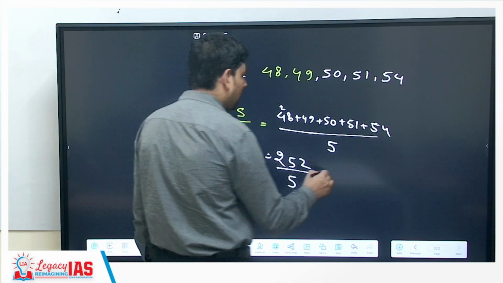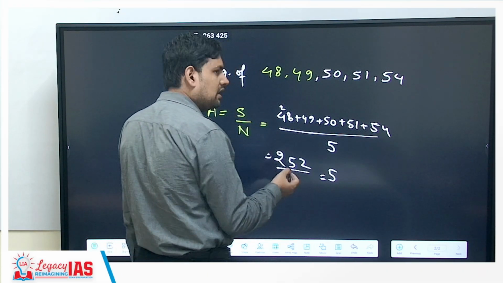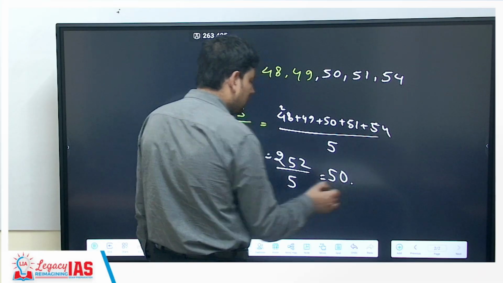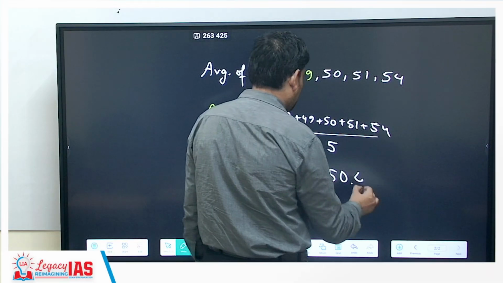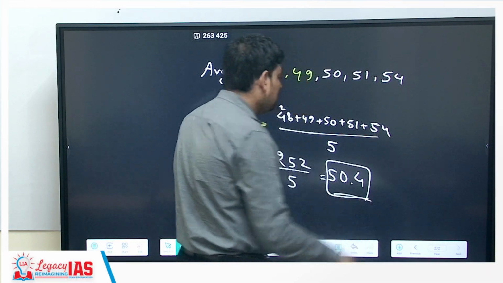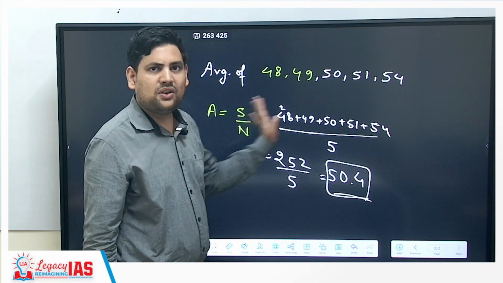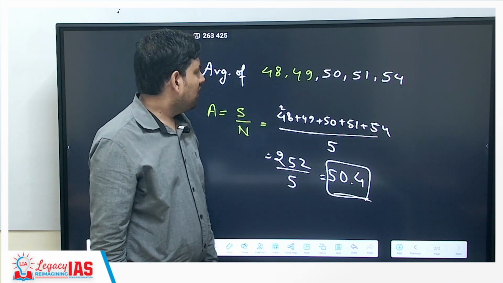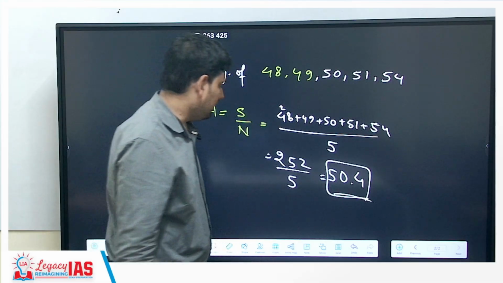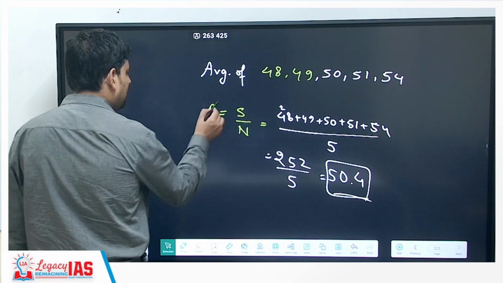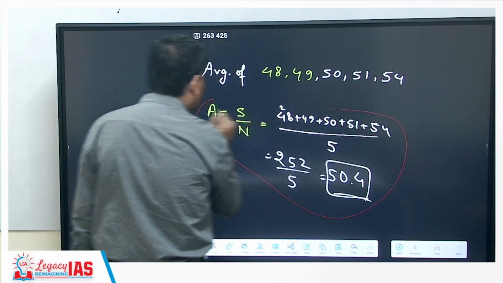This will go 5 times. Then 0, because it won't go with 2. Then with 20 it will go 4 times. So I got 50.4 as the average of all the numbers of this data set. This is one way, the traditional way of doing this.